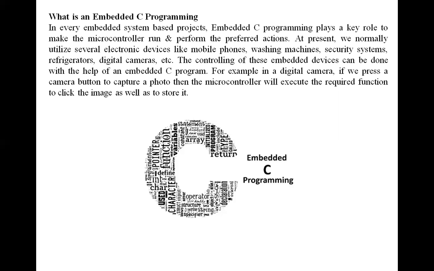The controlling of these embedded devices can be done with the help of an embedded C program. Example, a digital camera. If we press a camera button to capture a photo, then the microcontroller will execute the required function to click the image as well as to store it, right?